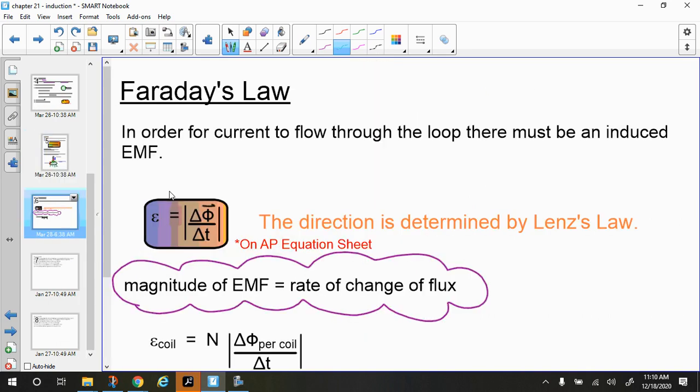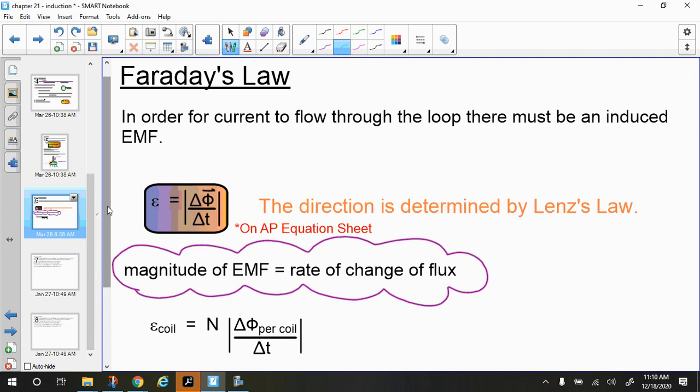Now let's talk about Faraday's law. In order to determine the actual amount of current or amount of EMF, we are going to use Faraday's law. So the EMF is equal to the change in flux divided by the change in time.